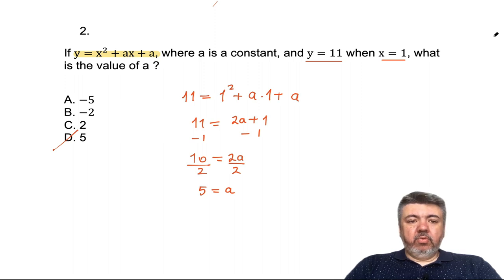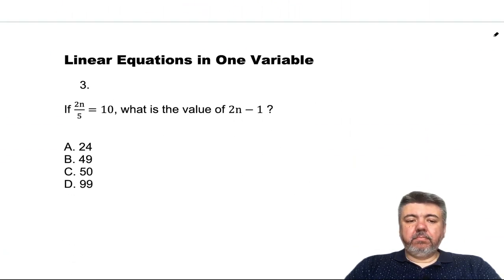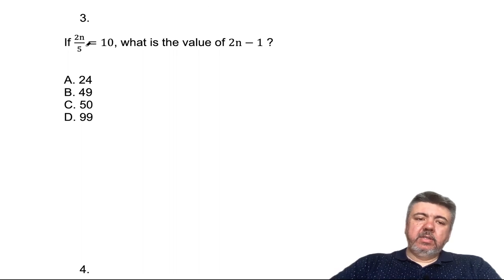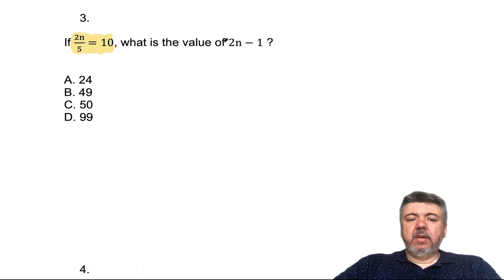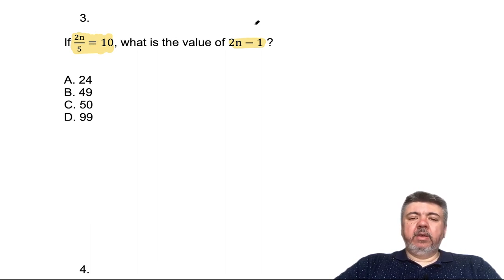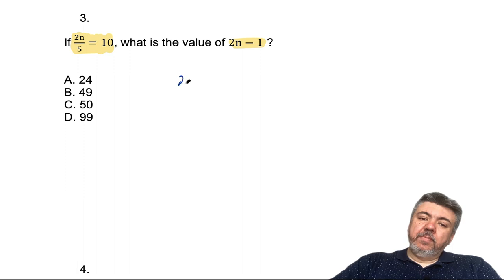Let's see the third question. Okay, in the third question, we are given 2n over 5 is 10, and we're supposed to find 2n minus 1. In some questions in SAT, you don't need to find the n value and then find 2n minus 1. Maybe you can do some tricks like this one. 2n over 5 equals 10.